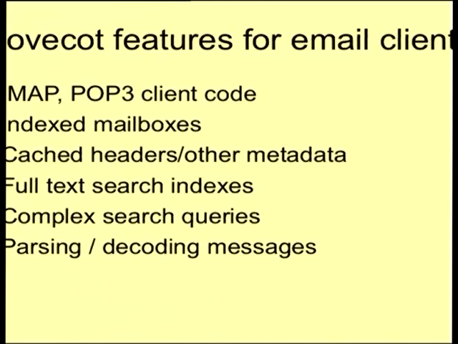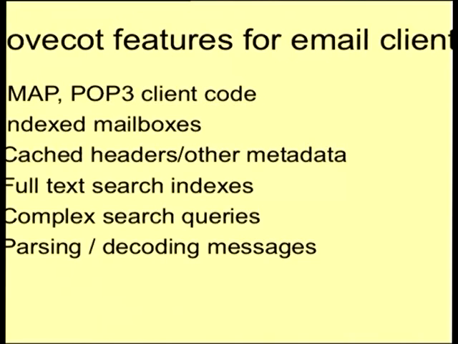indexing, caching. With caching, it means that in IMAP, clients can already ask Dovecot to give them these and these headers. To make it efficient, Dovecot uses cache files and puts the headers that the client is interested in into those cache files.